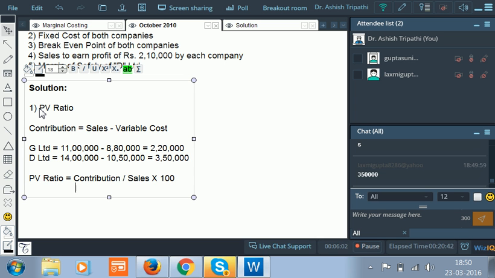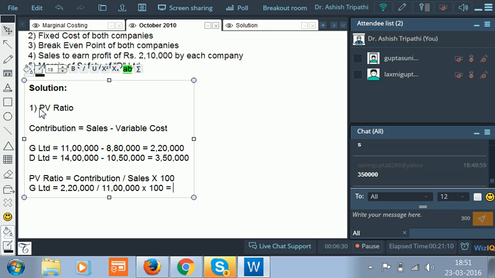So if you solve this, we'll have to put the values, but before that we have two different companies. So let us calculate first for G Limited. G Limited's contribution is 2,20,000 upon sales, G Limited's sales 11 lakhs, into 100.